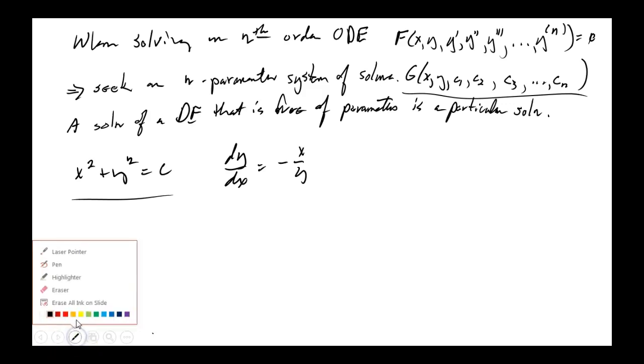Let me clear my ink on this slide and move to this one. Example 8. For all real numbers C, now that sounds like it's very arbitrary.